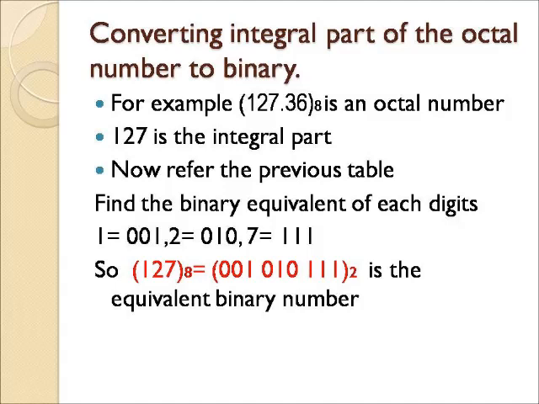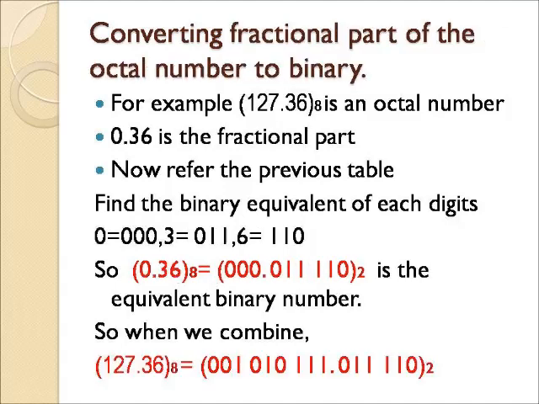So 127, the integral part of the octal number, is equal to 001 010 111 in binary. So we have converted the integral part of the octal number to binary.